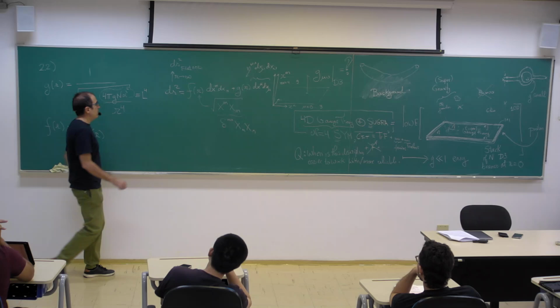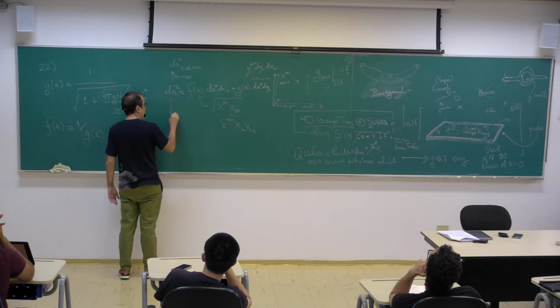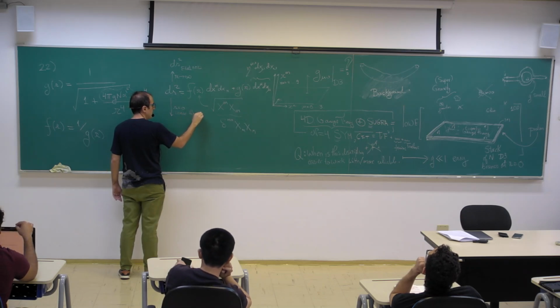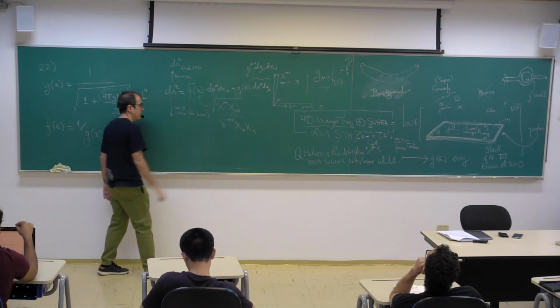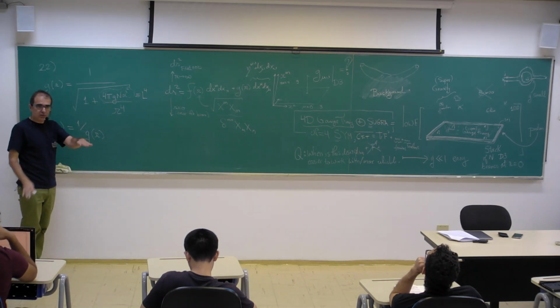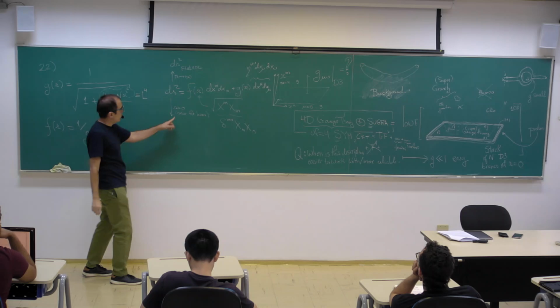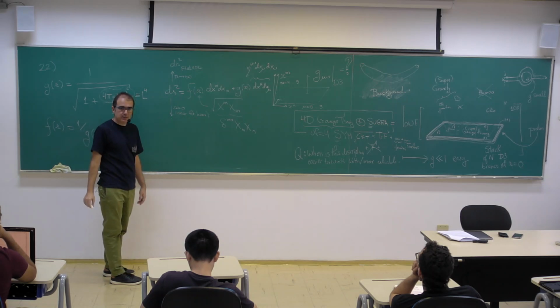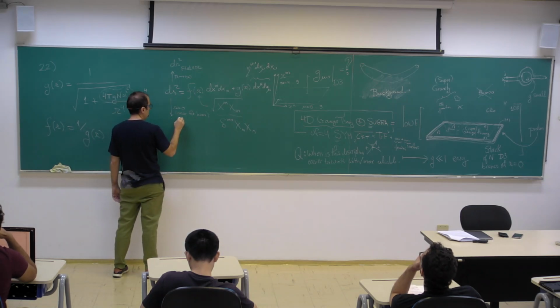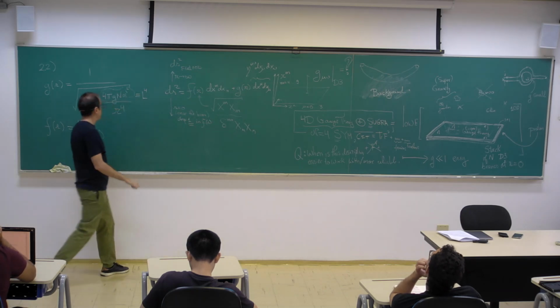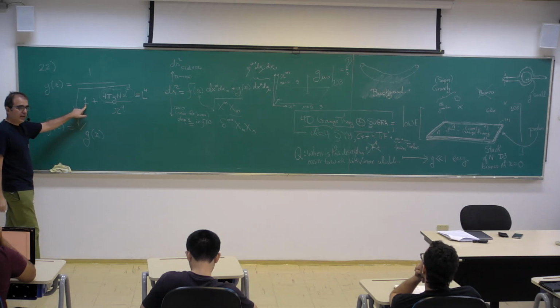So there is another regime, R going to 0, which means that I am near where the branes were. R equals infinity is far from the branes, R equals 0 is where they were. And there, when I go close to the brane, it's the opposite. Now we drop the 1 in f of R.